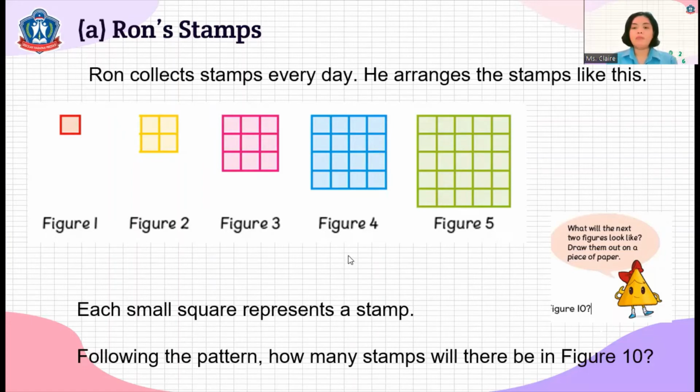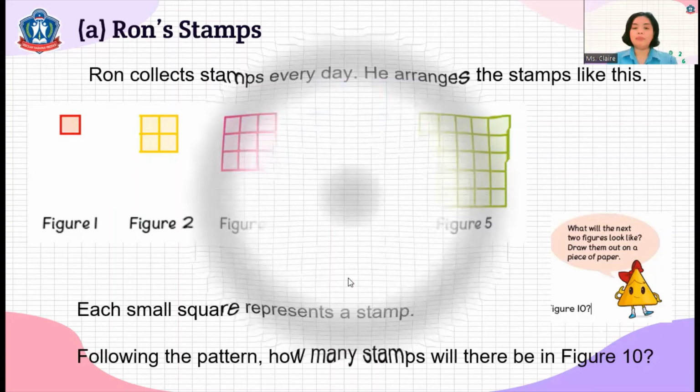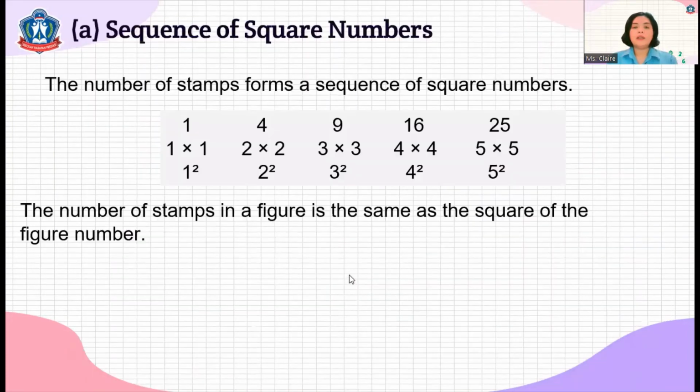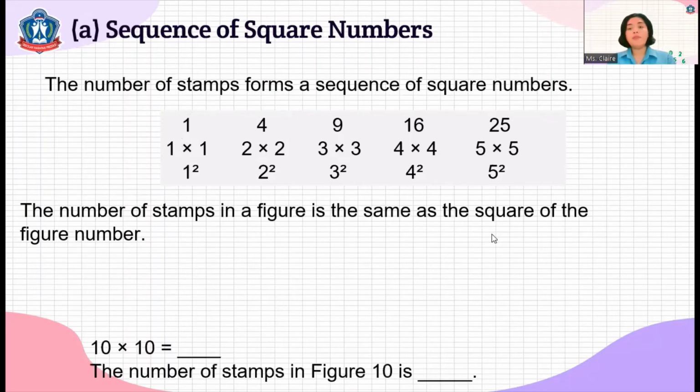So to get the total number of squares, therefore, this is our position to term rule. To get the square number, we multiply the position by itself. 1 times 1, 2 times 2, 3 times 3, 4 times 4, 5 times 5. So if we are looking for the number 10 or the figure 10, simply multiply 10 times 10, and that is 100.